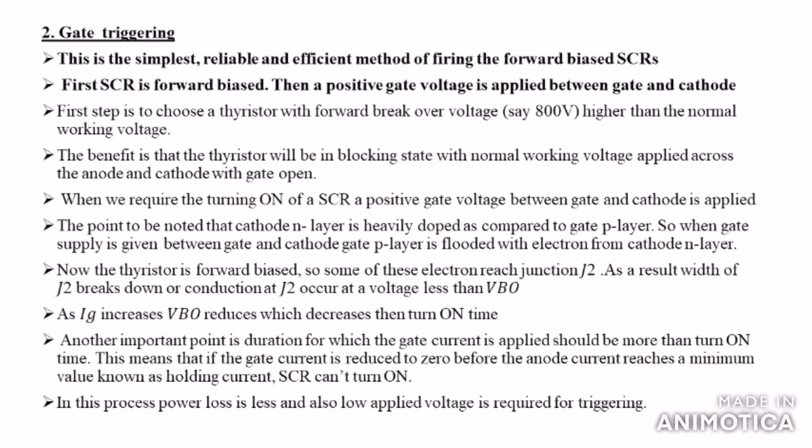As and when we increase the gate current, the forward breakover voltage, that is the voltage at which the breakdown of the junction occurs, will reduce.